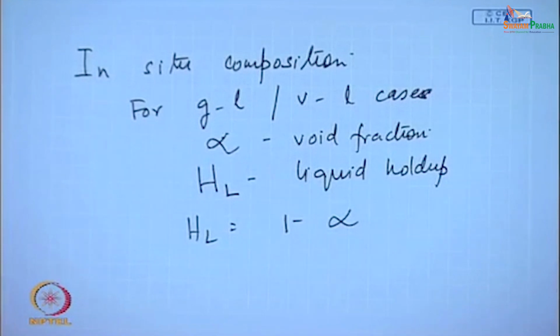Very frequently we would prefer to use liquid hold up instead of void fraction to specify the composition of the two phases. Why? Because suppose we have a liquid solid flow, we can use HL to specify the liquid hold up. If we have a liquid liquid flow, we can use HL to specify the hold up or the fraction of the heavier liquid there.